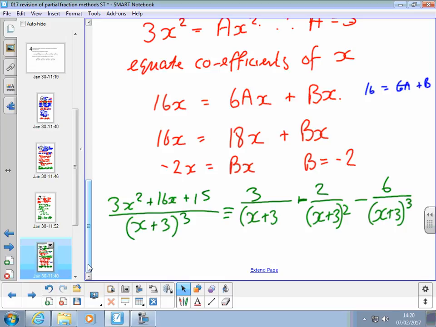That's the final version of splitting that initial function into 3 partial fractions.